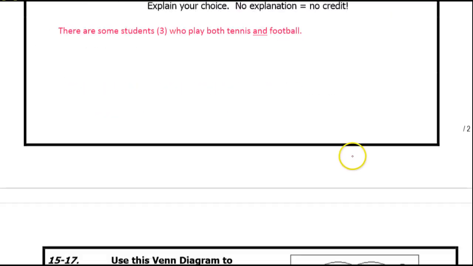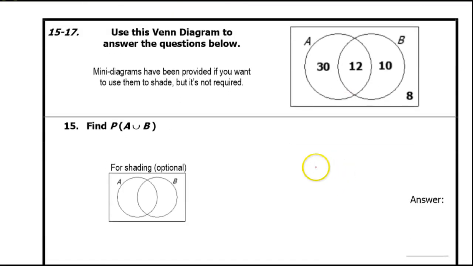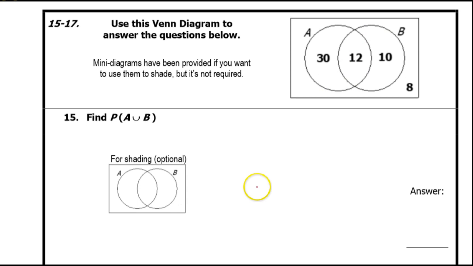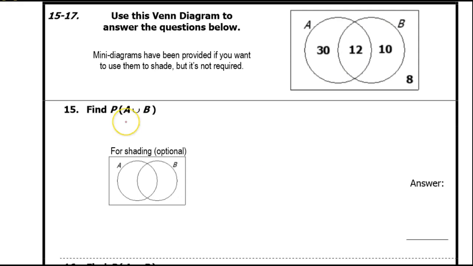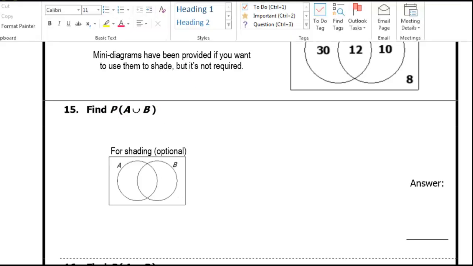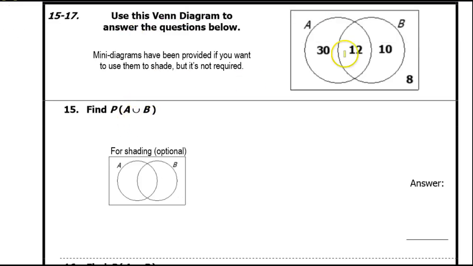Okay, moving on. New scenario. We have this Venn diagram. There's no context. We don't know what set A and set B are, but we'll just answer the questions anyway. This is the probability of A or B. We know that A or B is all of both. So A or B is all of that.